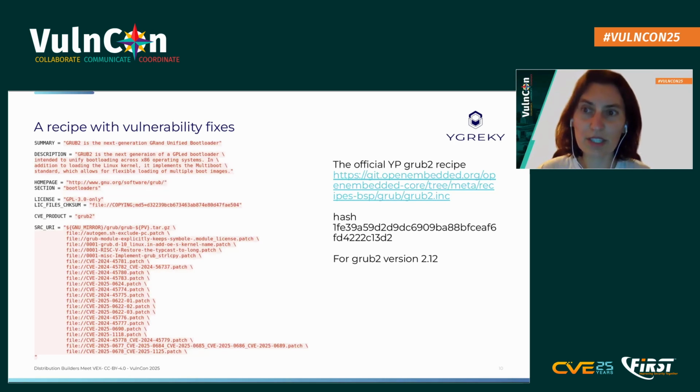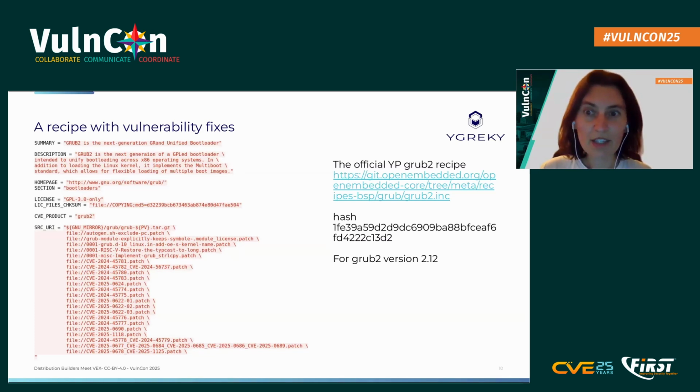What is interesting is the part with SRC_URI, where you have all the components that are needed to build the actual bootloader. The first element is the main source code that we download at build time. Then you have some patches that are specific to the embedded field that are not in upstream grub.